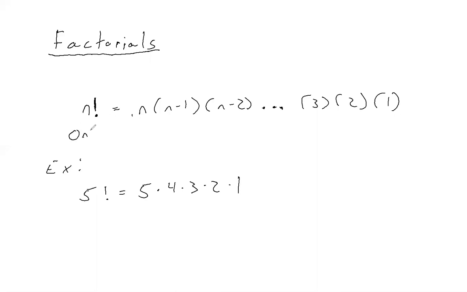Only for positive integers, so natural numbers, really. So this isn't going to work with -3 or 7.6 or anything like that. It's only for these natural numbers, these positive integers. One example would be 5 factorial. That'd be 5 times 4 times 3 times 2 times 1, which should equal 120.